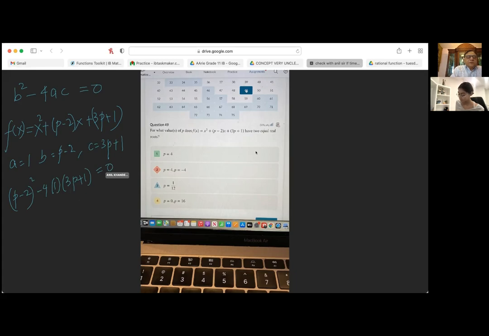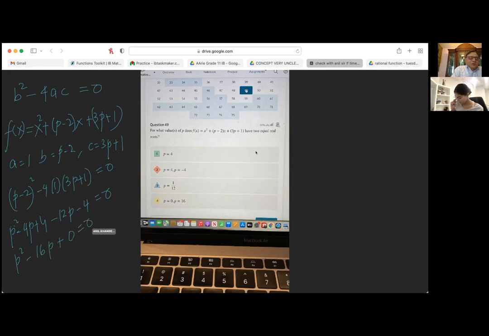So expand and simplify. So we have p squared minus 4p plus 4 minus 12p minus 4. So p squared minus 16p plus 0 equals 0, because it has to be two equal real roots.